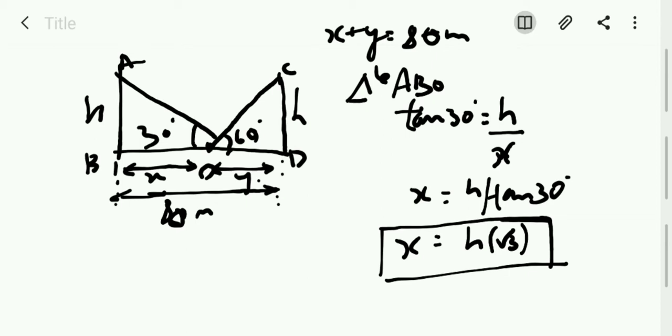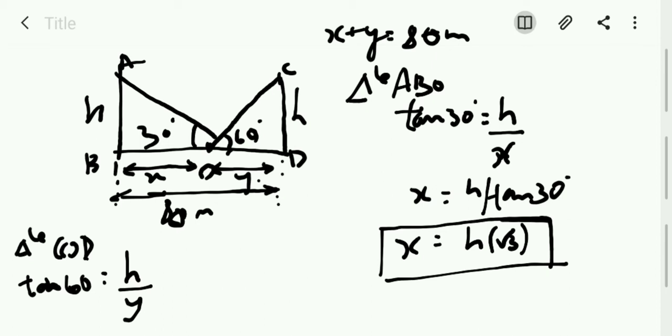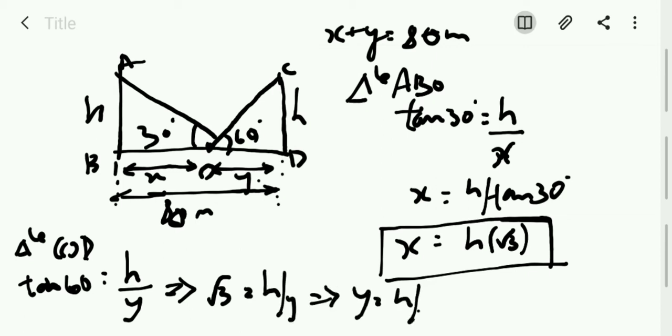Now similarly for triangle COD, what is tan 60? Tan 60 is H by Y. Tan 60 is root 3, so root 3 is equal to H by Y. This implies Y is equal to H by root 3, correct?